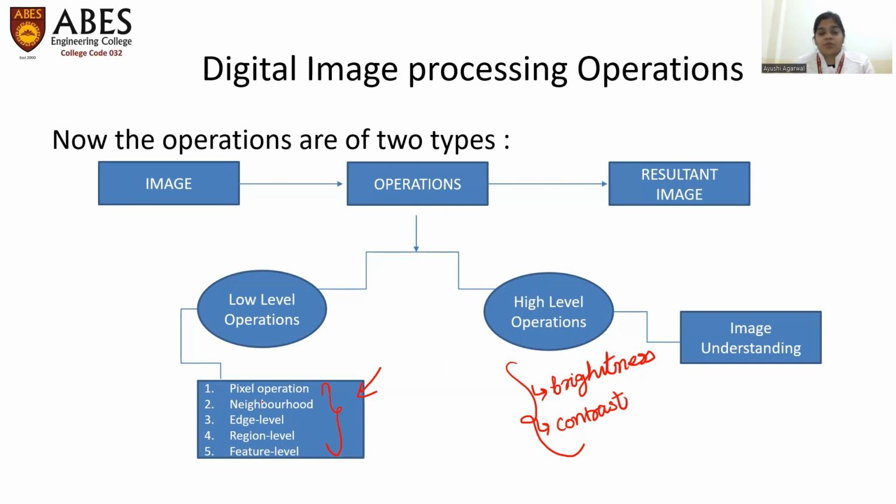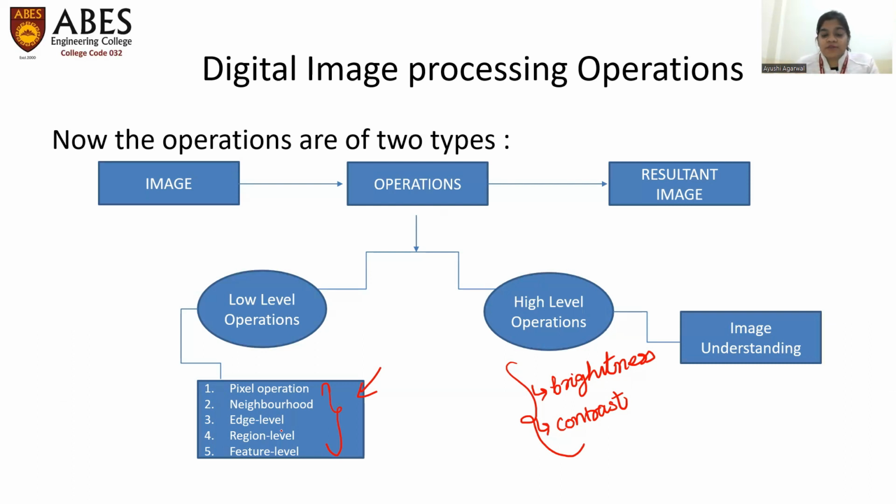Talking about the pixel operation, it basically enhances the pixel quality of the image. Neighborhood operation clears the pixels if the brightness is dull, or if the image is so dark that it is not clear. So basically it clears the quality of the adjacent pixels.